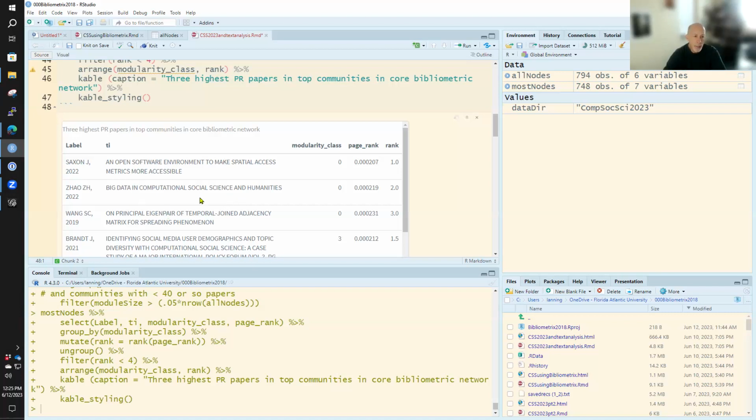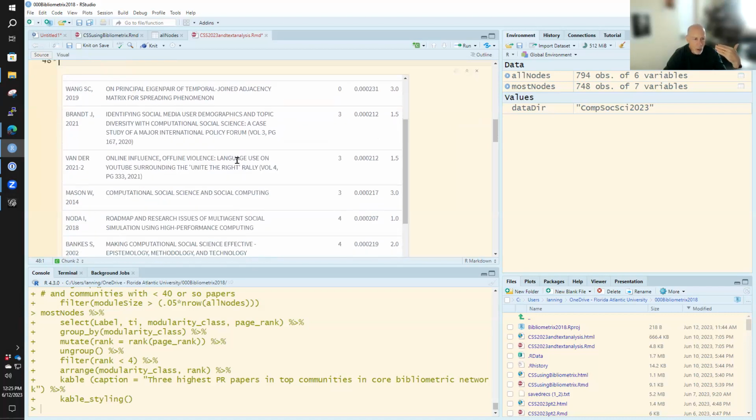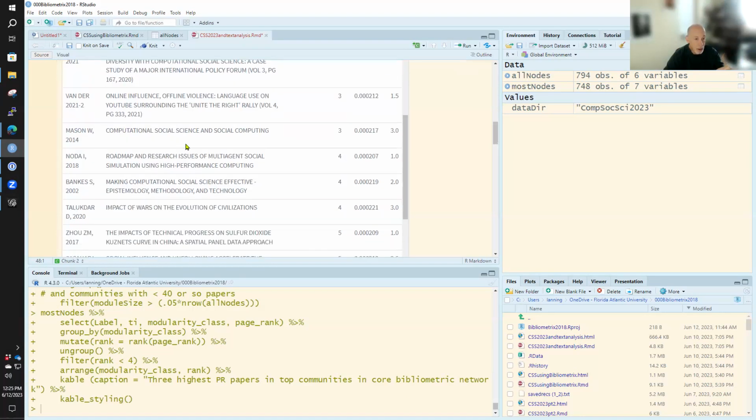So we've got a review paper on big data in computational social science and humanities. We've got a technical paper on eigenpairs. It doesn't look all that useful to me. The second community looks much more sociological, and the third looks more kind of engineering and simulation based.